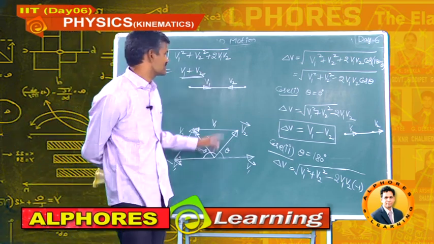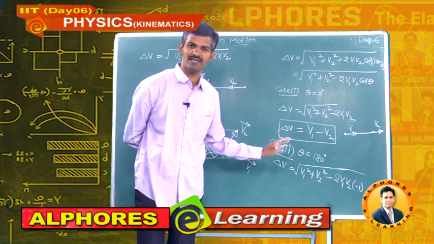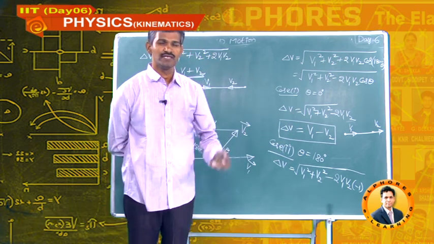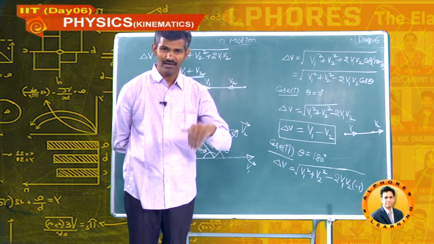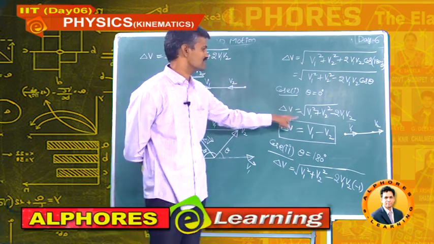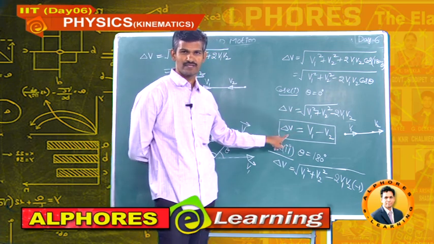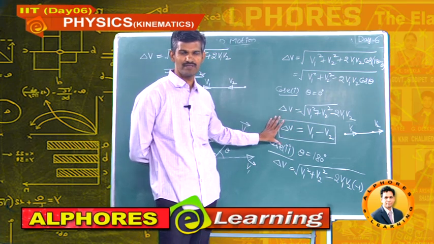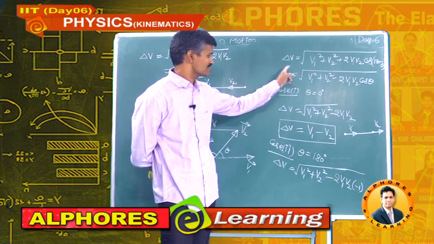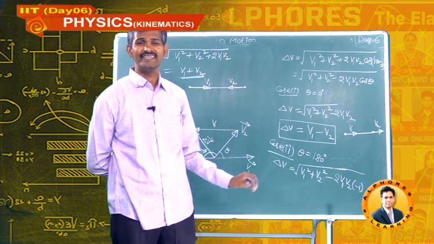If the initial and final vectors are in opposite direction, then change in velocity is given by V1 plus V2. If the initial velocity and final velocity are in the same direction, then change in velocity is given by V1 minus V2. Students, this is a very important concept for the next topic. So first learn how to calculate change in velocity.